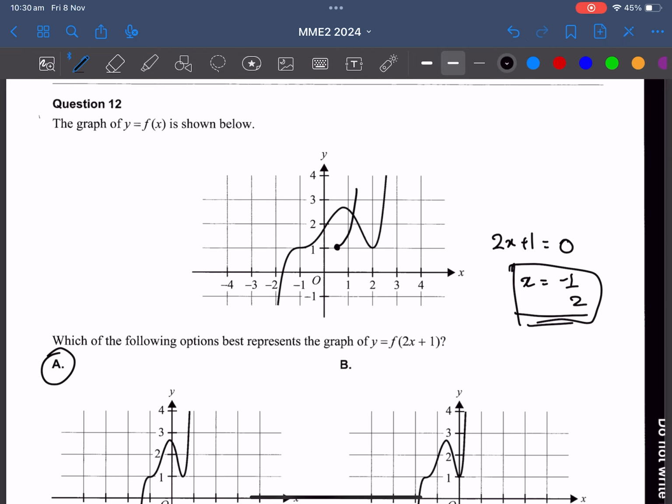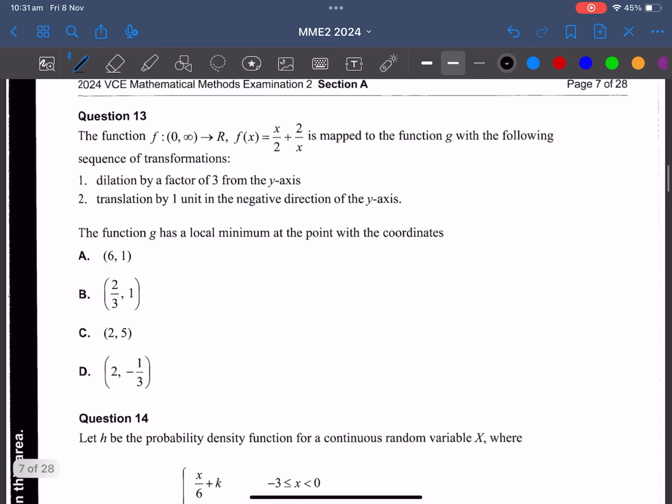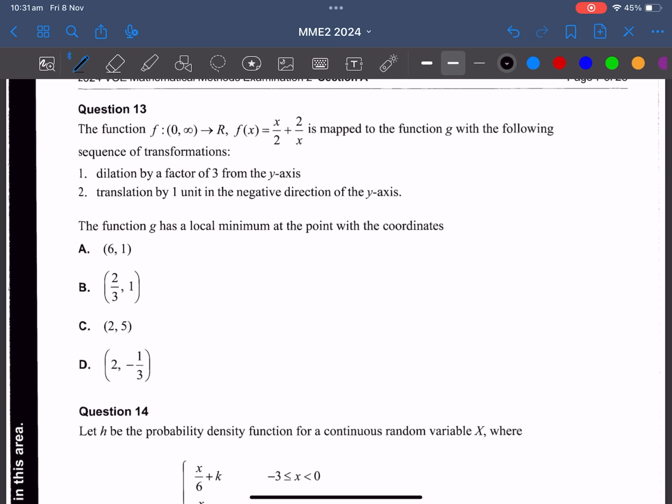Okay, cool. The function f is mapped onto the function g with the following sequence of transformations: dilation by a factor of 3 from the y-axis, translation by 1 unit in the negative direction of the y-axis. The function g has a local minimum at a point with these coordinates. So f is this, and after these transformations, it's now g.